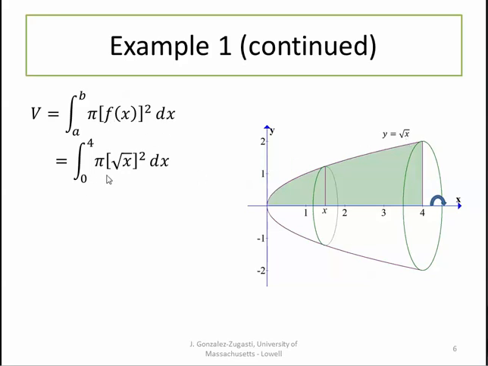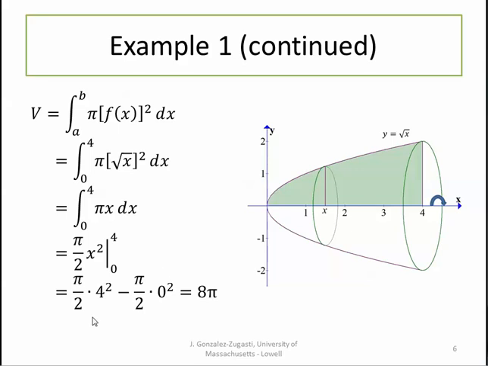So our volume is equal to the definite integral from 0 to 4 of pi times the square root of x squared dx. Now we can just evaluate this integral. We square the square root of x, find the antiderivative of pi x, and evaluate it from 0 to 4 to get that our volume is equal to 8 pi.